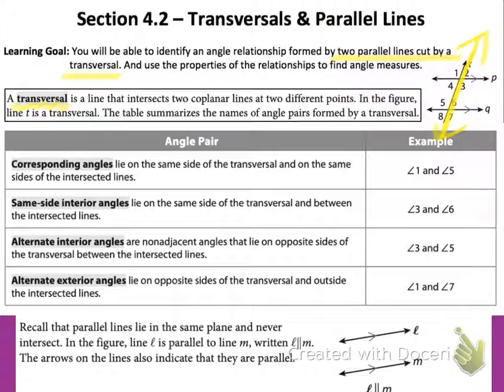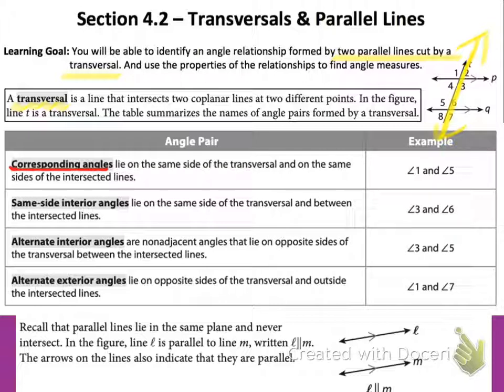The first type of angles we're going to look at are called corresponding angles, and corresponding angles lie on the same side of the transversal and on the same side of the intersected lines. Corresponding means same relative position, and that's what we mean when we say corresponding angles.